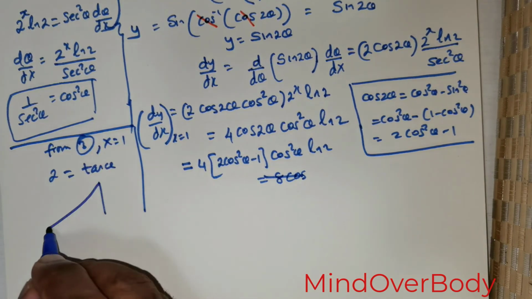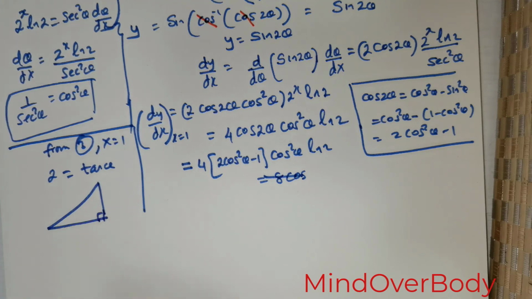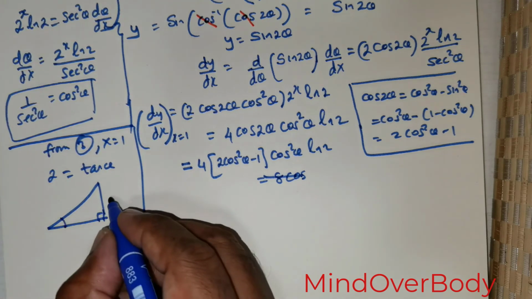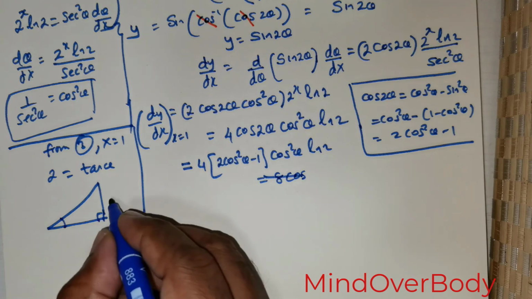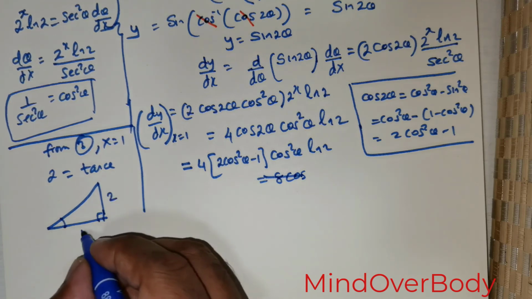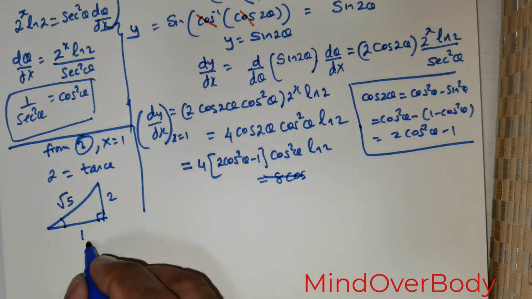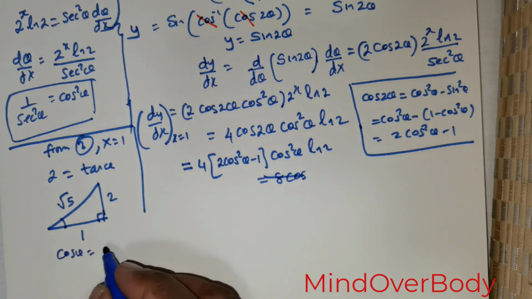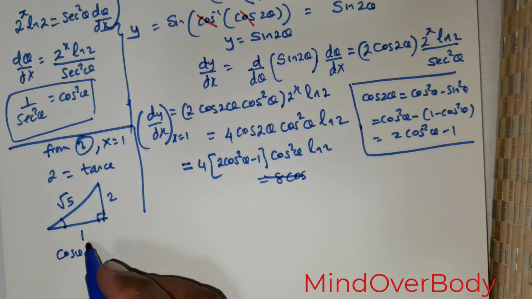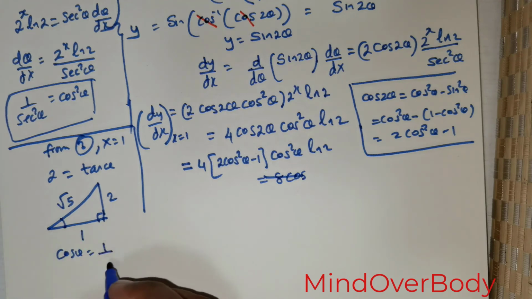Now if I were to take the Pythagorean triangle, tan theta is opposite by adjacent, so this is going to be 2 over 1, and the hypotenuse is going to be root of 5, right? So from here my cos theta is going to be 1 over root 5, right?